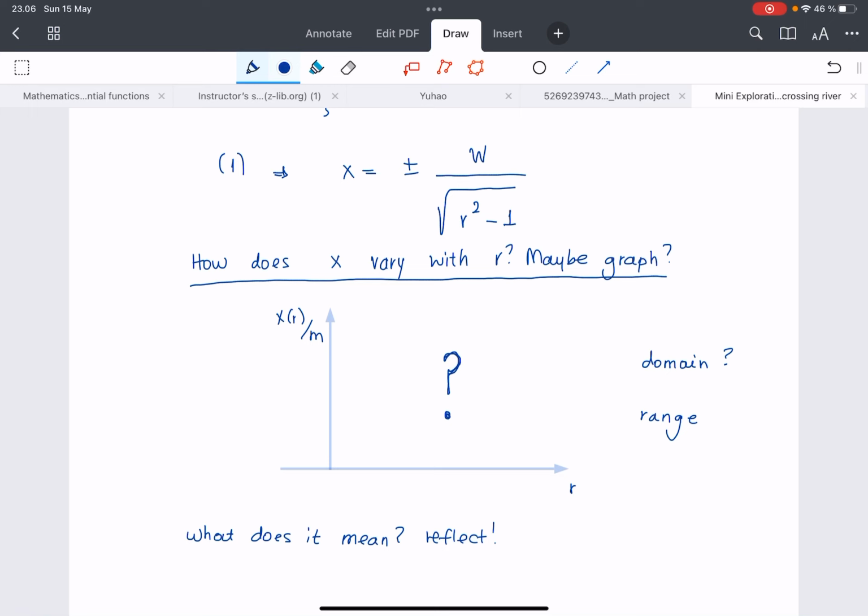And for what ratio of the speeds is the landing point x the shortest or the largest? You have to explain what the domain of the graph is and what the range is.